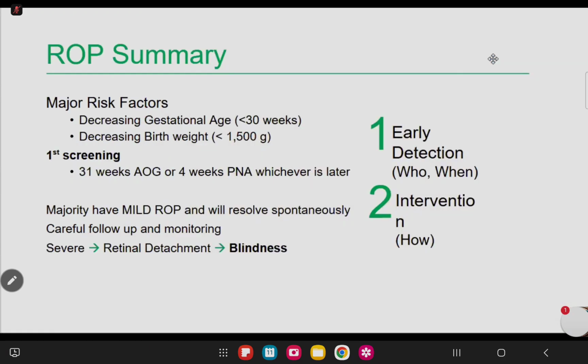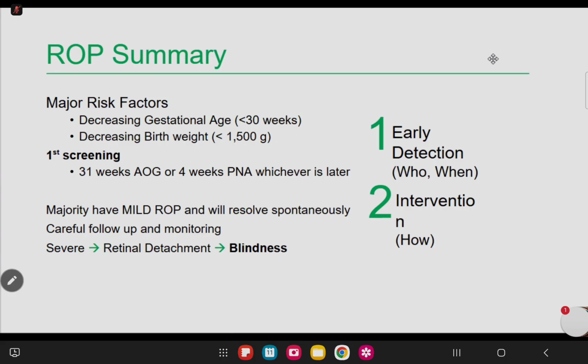So our summary: major risk factors are decreasing gestational age less than 30 weeks and decreasing birth weight less than 1,500 grams. You have to correlate it with the Nelson's, so it would be different if the subjects are Caucasian babies.